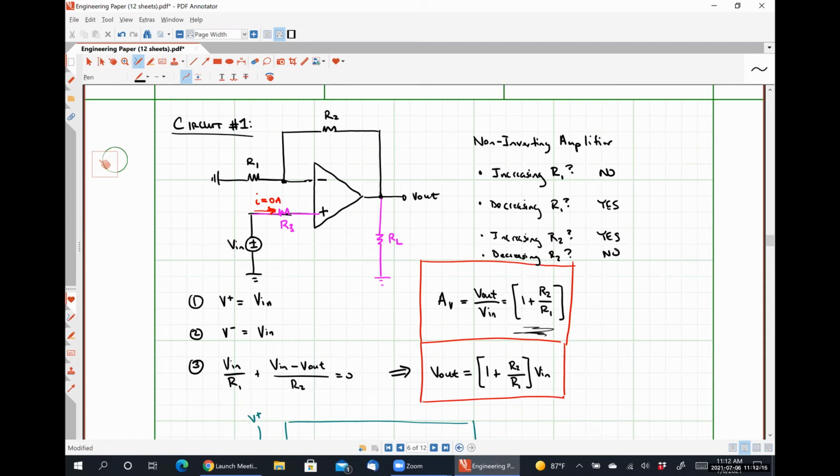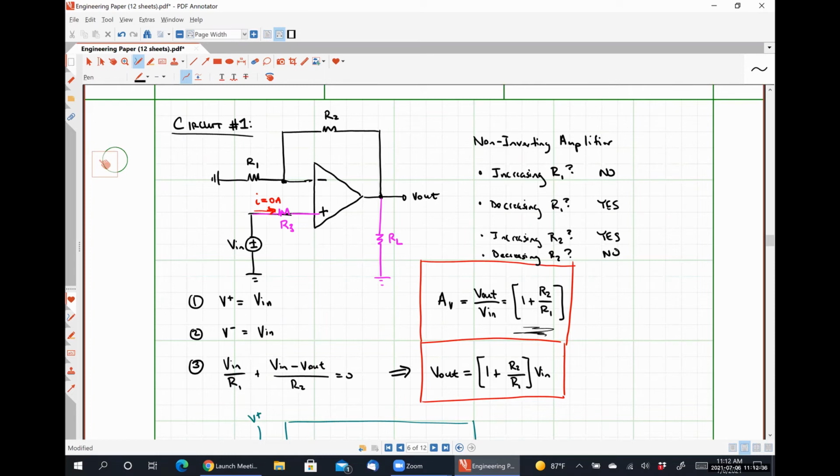I might also ask questions about increasing or decreasing the value of R3. That will have no effect whatsoever on the voltage gain. Similarly, increasing or decreasing the value of RL, assuming we don't short circuit the output, will also have no impact on the voltage gain whatsoever, okay?